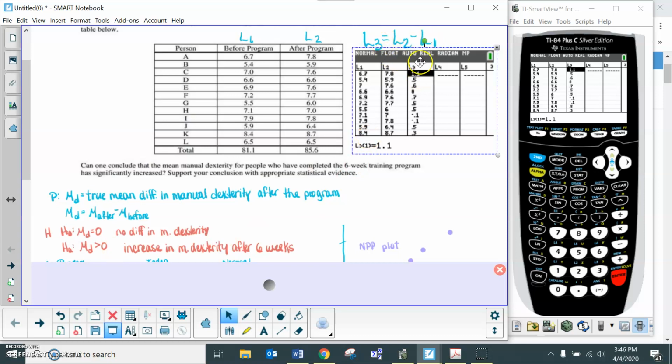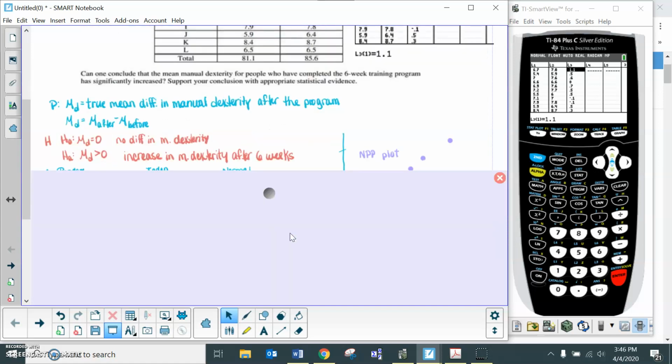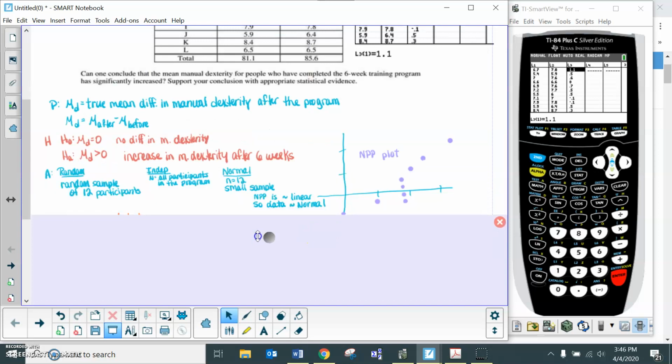If I had chosen back here to subtract L1 minus L2, I would have expected more negative numbers here, and I would have to have a less than sign here instead of a greater than. So you want to make sure you've got that going on okay. Now again, I haven't touched my calculator at all yet, aside from making those lists.